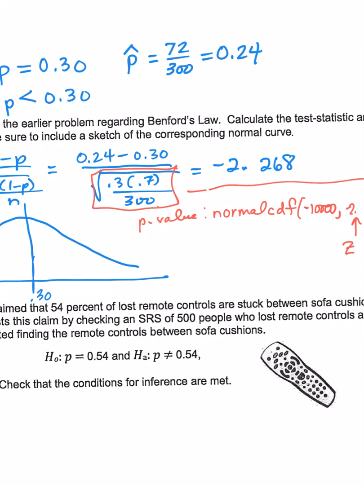So if we're drawing our picture and using a z-score of negative 2.268, then what should be here? 0, shouldn't it? So we ought to write N(0,1). Okay, so negative 2.268, 0, 1, right?